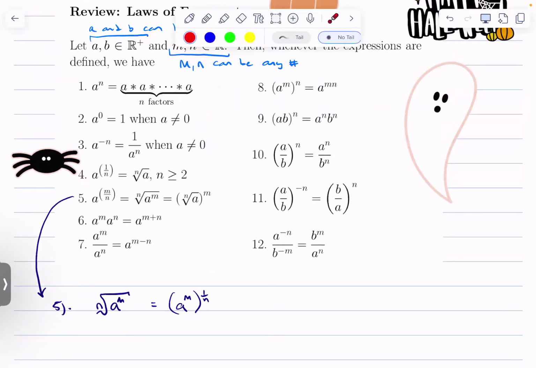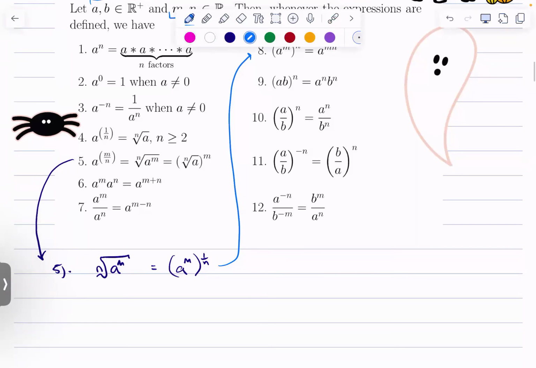I'm going to jump ahead to property 8. So here, introduce this one. The reason it simplifies to a to the m over n is because if I can rewrite the powers as being multiplied together, then I am just allowed to multiply them together in the power and simplify.